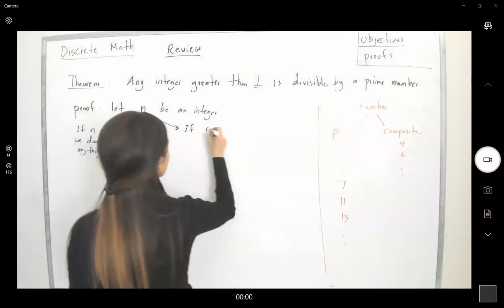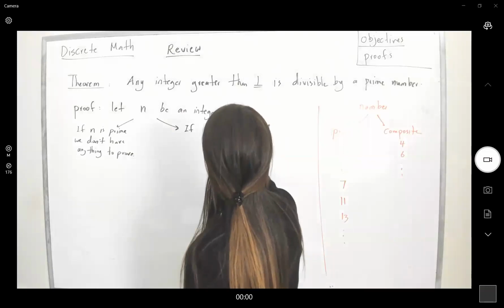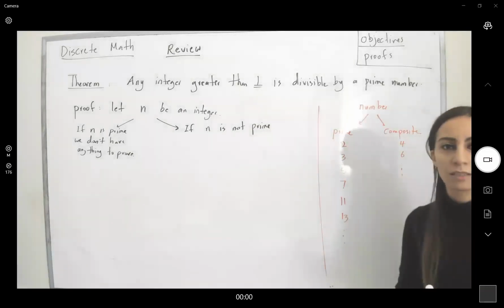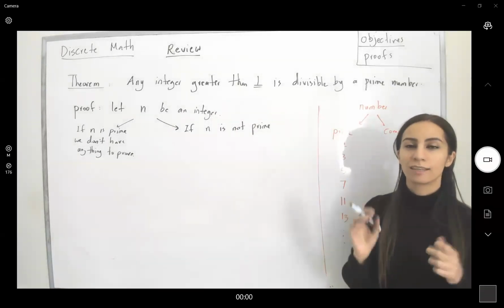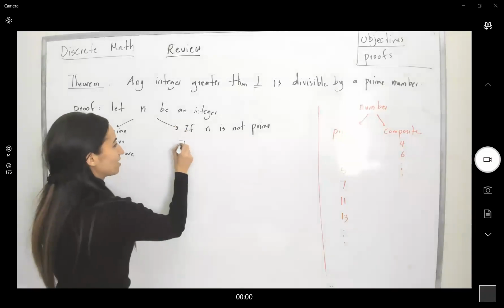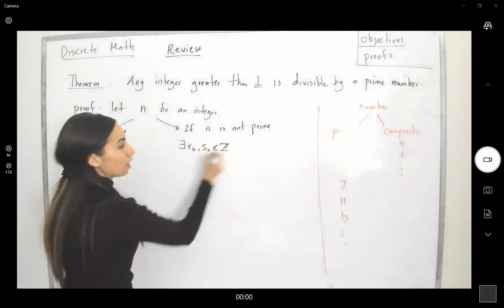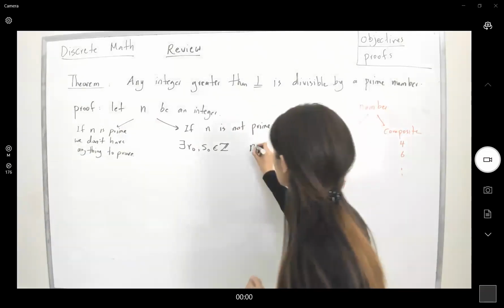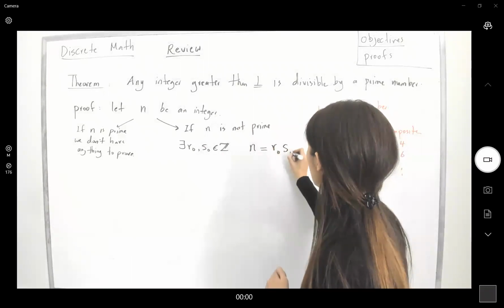if n is not prime, it means that it's composite. It means that you can find at least two numbers, like r sub 0 and s sub 0, such that n is the multiple of those two numbers, r sub 0 s sub 0.